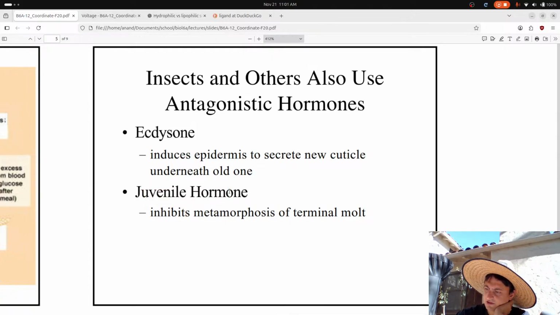And then juvenile hormone inhibits terminal molt.